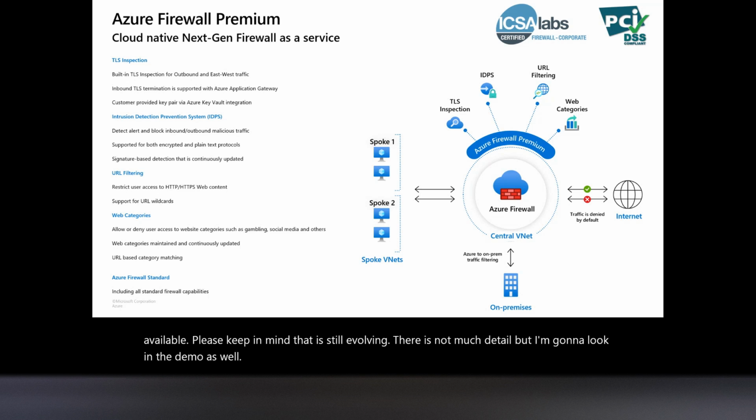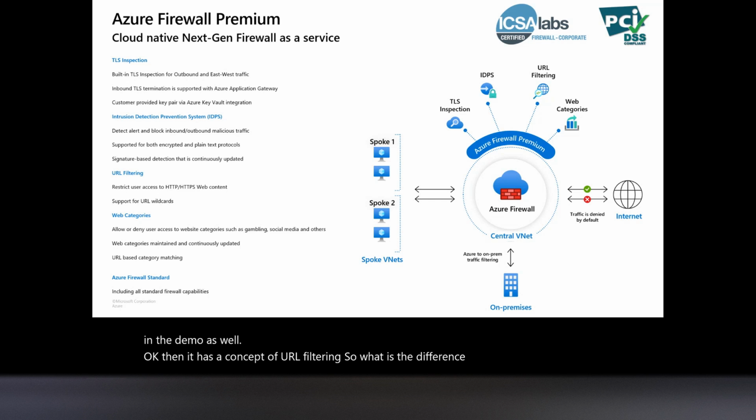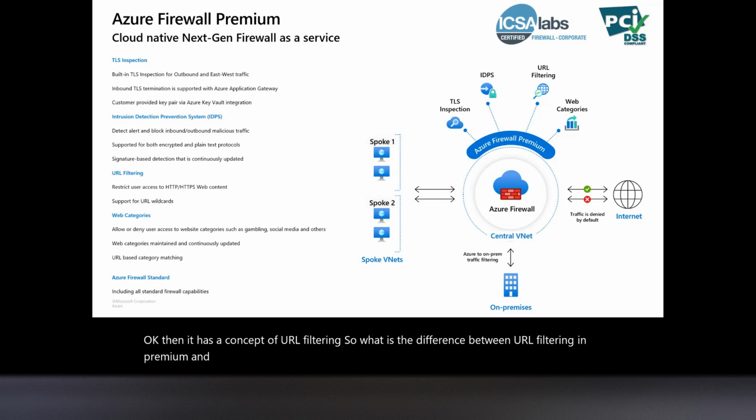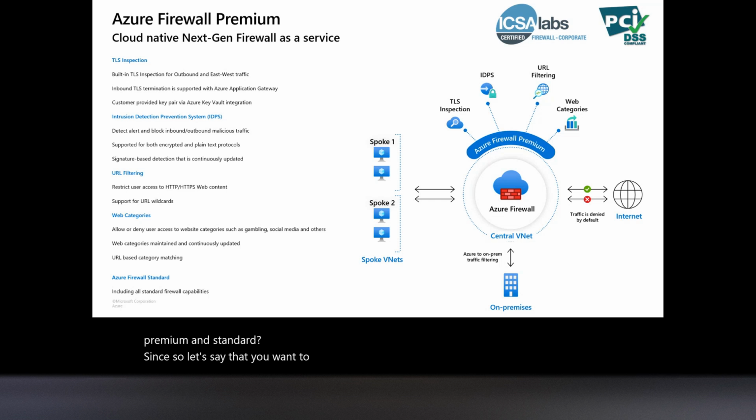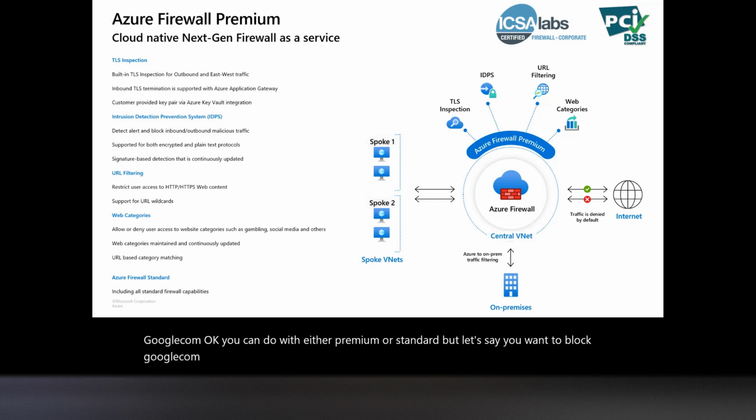Then it has a concept of URL filtering. So what is the difference between URL filtering in Premium and Standard? Let's say that you want to block google.com. You can do that with either Premium or Standard. But let's say you want to block google.com/news.